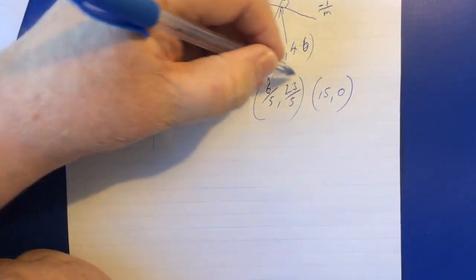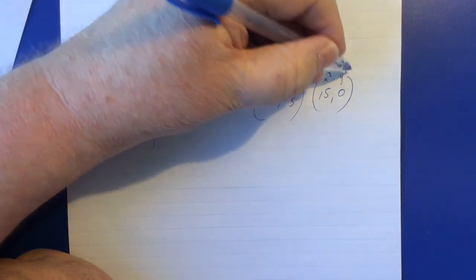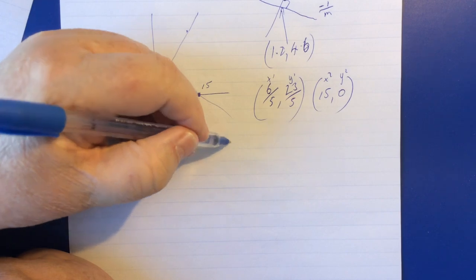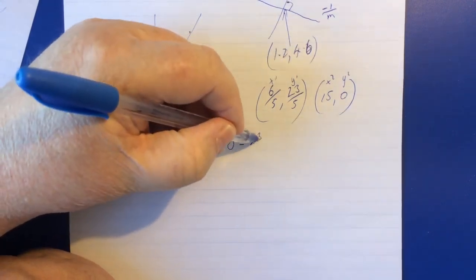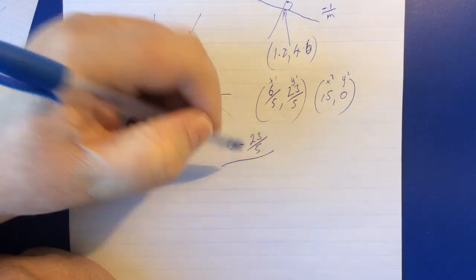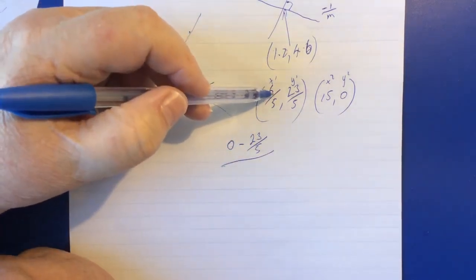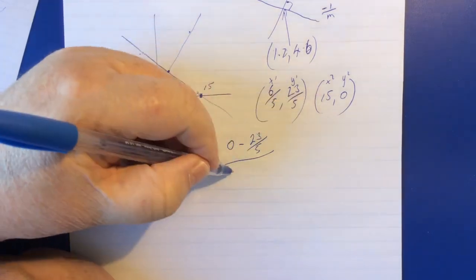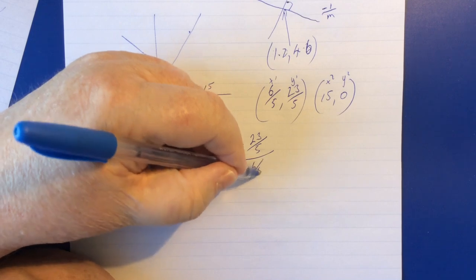So this is x1, y1, x2, y2. And so 0 minus 23 over 5 is our top line. Our bottom line is 15 minus 6 on 5.